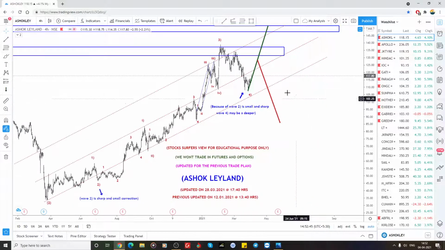So as of now this channel breaking is that stop loss for you, and just keep in mind, don't make a stop loss here, and it will come down and again it can go above also. So we have to go below this channel, that bottom channel, and it has to close below that, then only we consider it as a bearish trend.